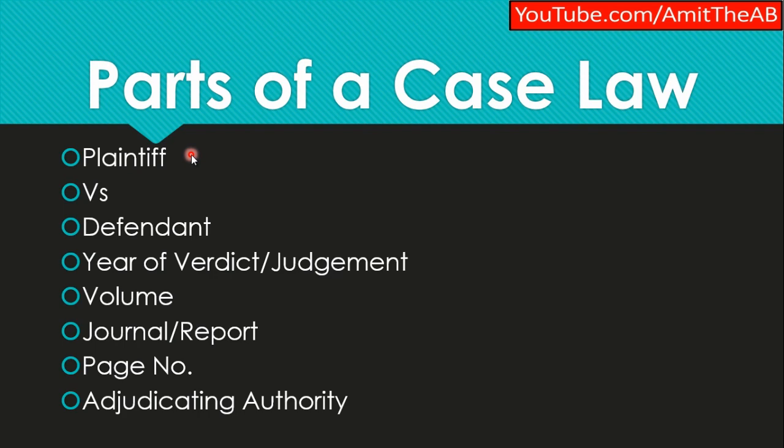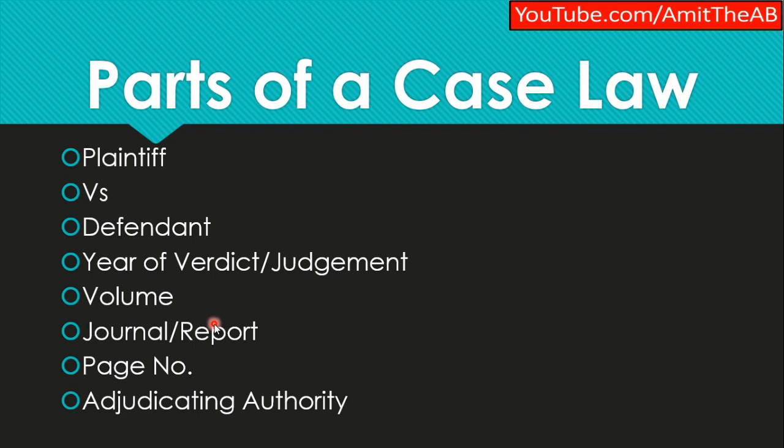That is plaintiff, who filed the complaint. Defendant, who is going to defend, is going to respond. Year of verdict. Adjudicating authority. Next is where the case is written in this book, which volume, and what is the page number where you can find this whole case. Okay, so essentially these three things are the address of the case where you can read.